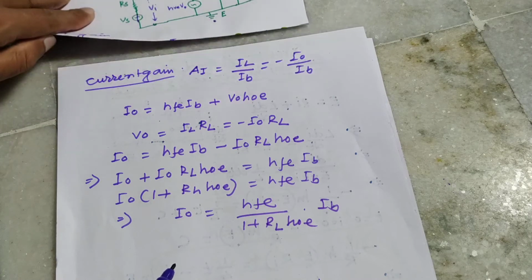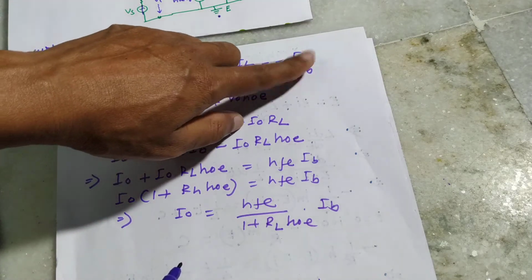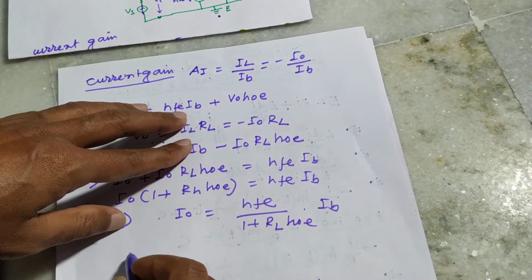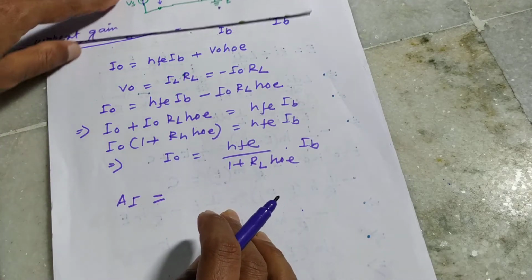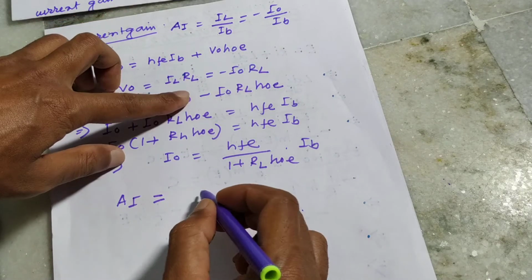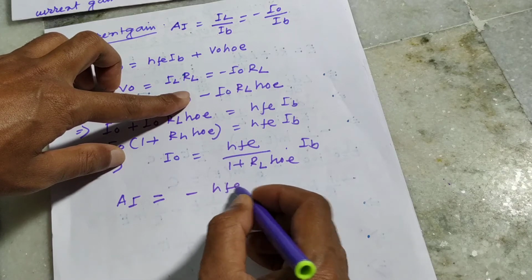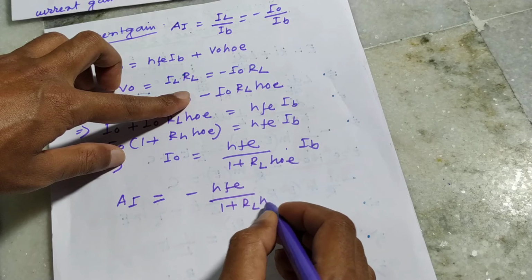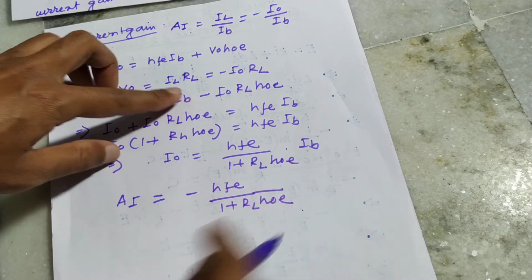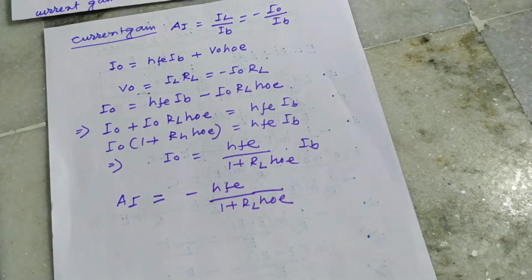Okay. Substitute the value of I0 in that equation, then we get the current gain equal to minus hfe by (1 plus RL hoe). Okay. So this is the current gain.